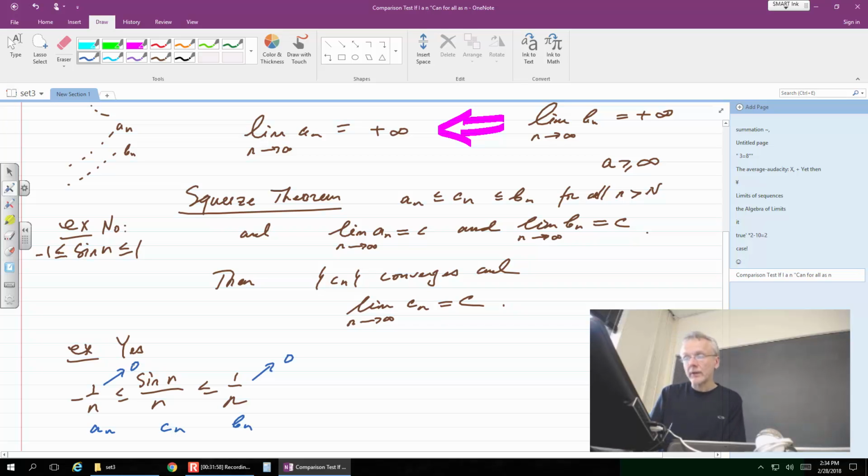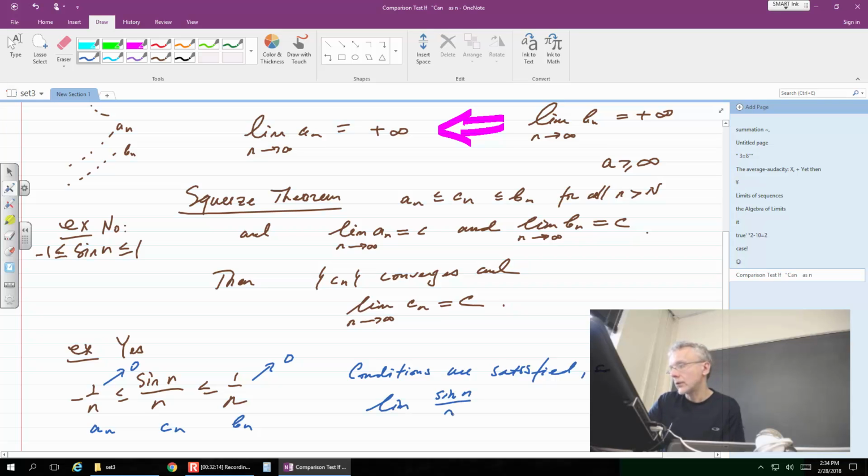The limit of -1 over n is also 0. So the condition is satisfied. So the limit of sine n over n is also 0. In spite of all the oscillation, it will be 0.